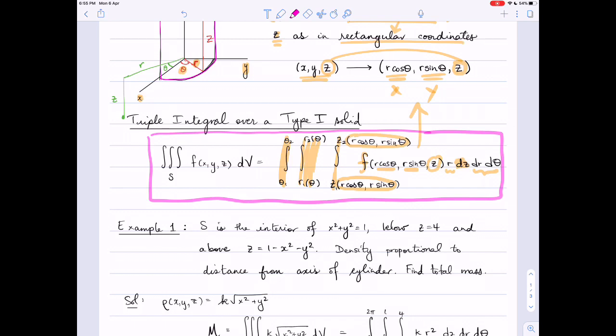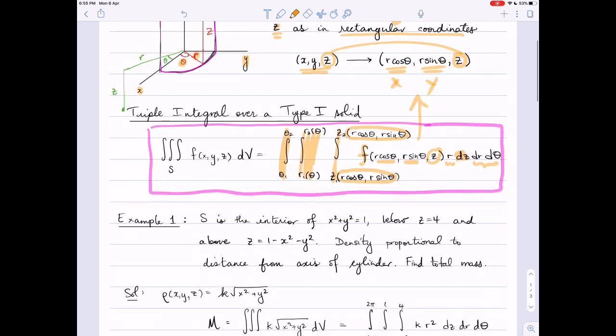So let's do an example real quick of that, and we'll see how natural it feels to put the two things together. This example says, let S be the interior of x squared plus y squared equals 1. If we are in R3, the z is missing, which means that this is a cylinder parallel to the z-axis.